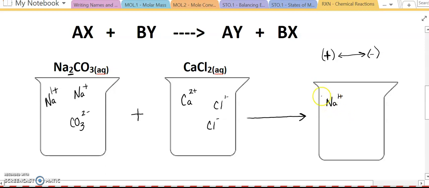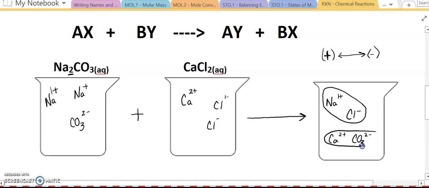So sodium was with carbonate, but sodium can now react with chlorine to form a new partnership in that reaction. And I had calcium, and calcium was a 2 plus charge, and calcium was with chlorine, and sure, they could form again, but it could also form a relationship with carbonate.